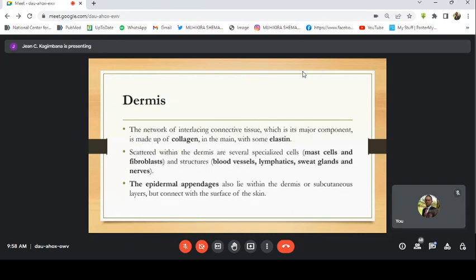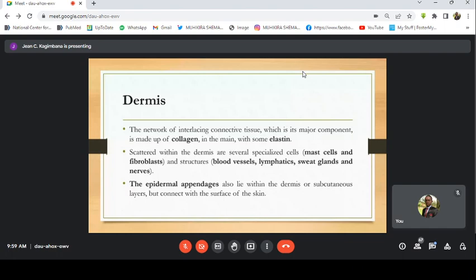The network of interacting connective tissue with its important major components is made up of collagens, and the collagens with the elastic fibers, with some elastins. Now, we may have again a few cells, mast cells and fibroblasts, and of course blood vessels, lymphatics, sweat glands, and nerves.